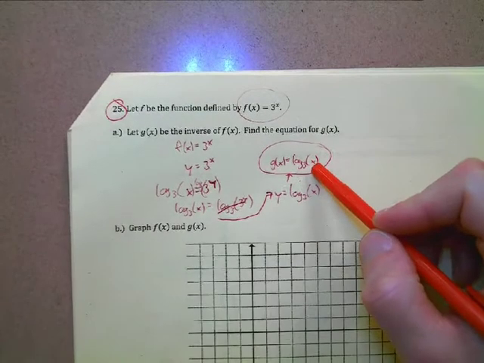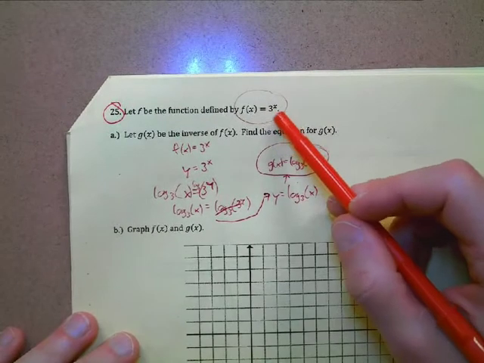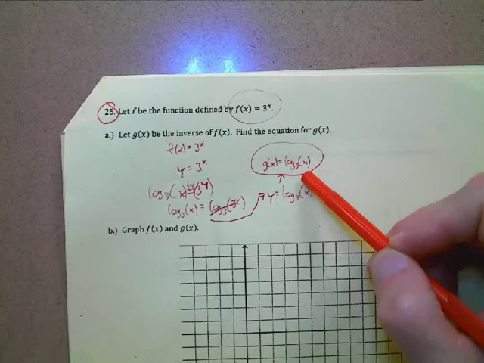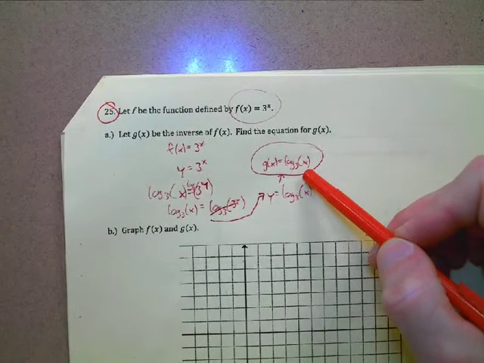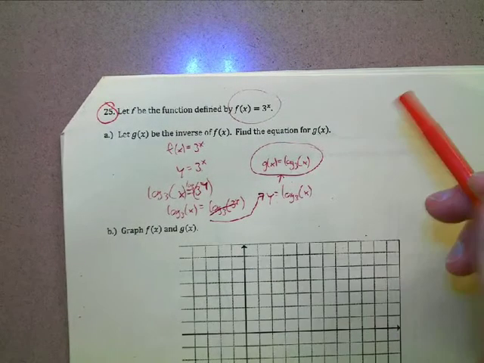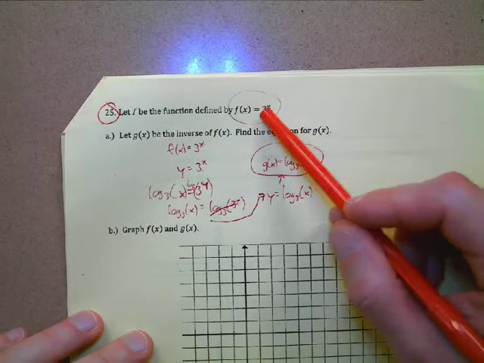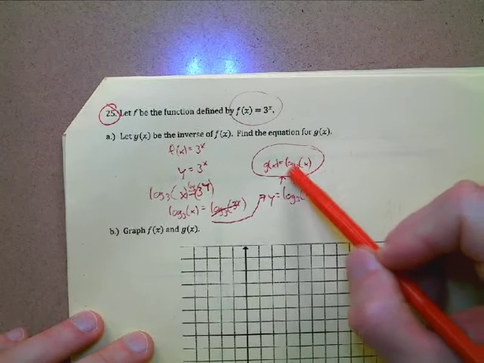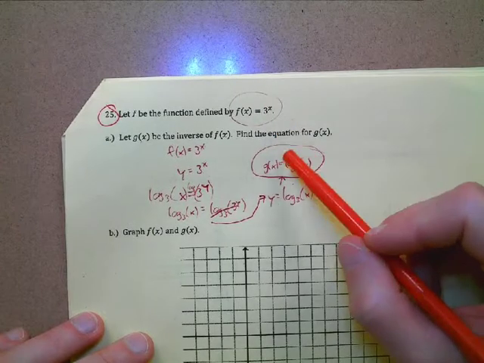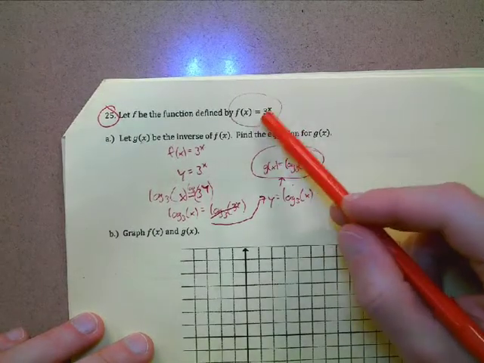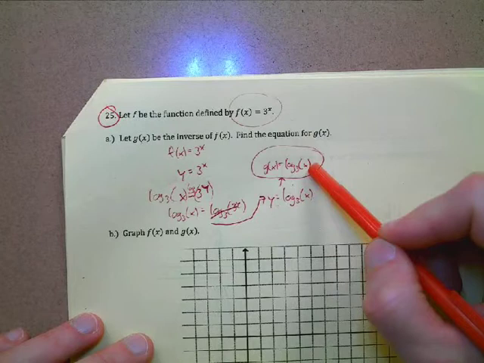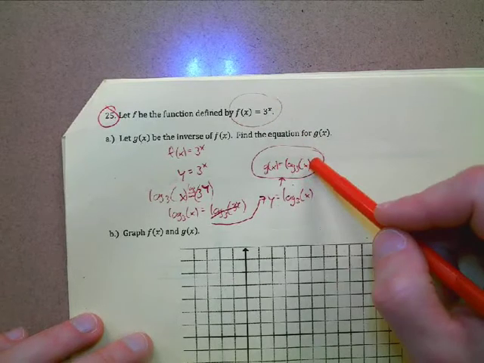If it was like 7 to the x, our inverse would be log base 7 of x. Okay? So when you have just a plain old exponential like this, its inverse will be the logarithm with the same base. So 3 to the x, its inverse is log base 3 of x. If this was 7 to the x, it would be log base 7 of x. If it was 5 to the x, it would be log base 5 of x. So on and so forth.